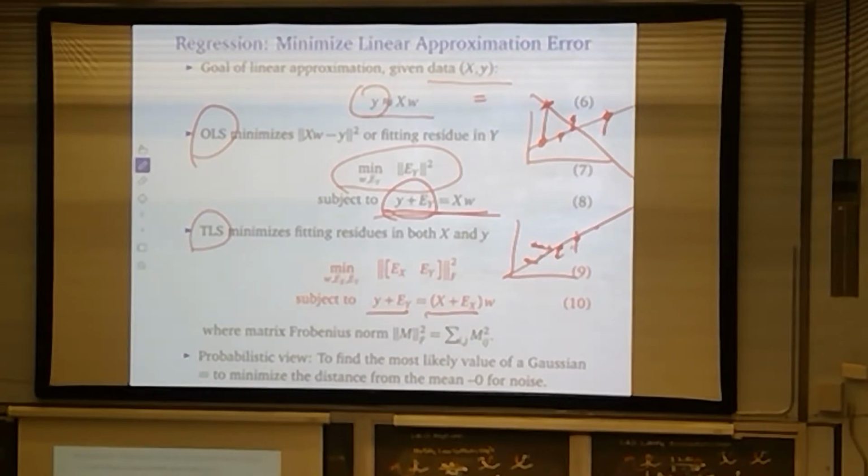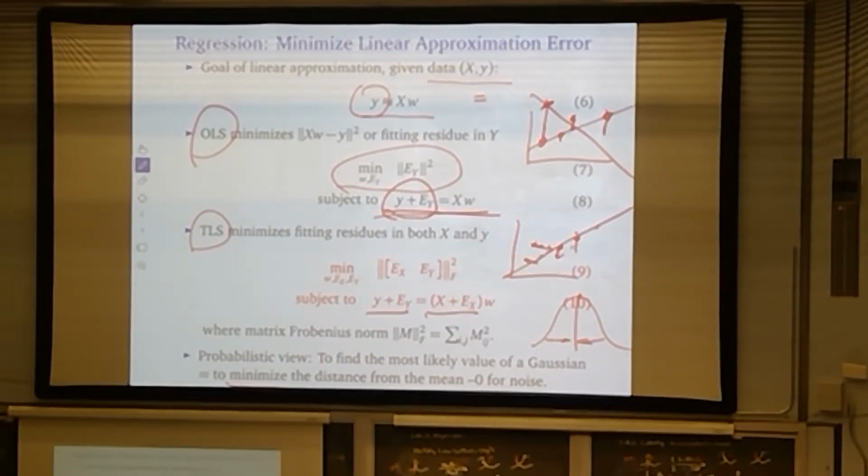Okay? Since we have been on the path of probabilistic view of regression, there's a sort of this connection, because to find the most likely value of Gaussian is just a bump, most likely is located at peak. The closer I am to the mean, the more likely that value should be.